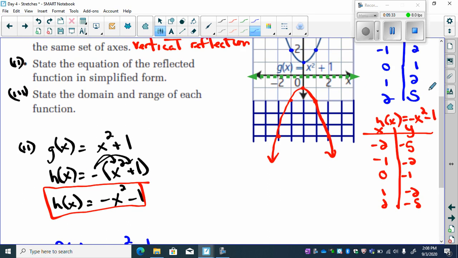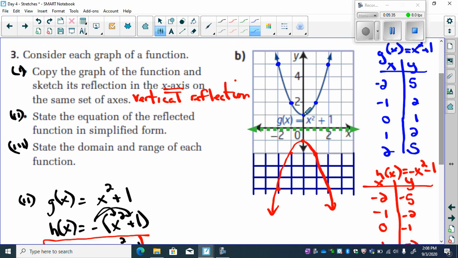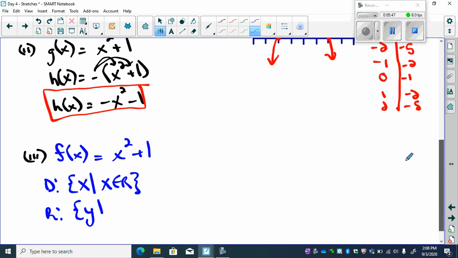What's the lowest y value on the blue curve? It's right here. The height of that is 1. So we're going to say y such that y is greater than or equal to 1, because all of the points on the blue curve are above a height of 1. And we'll say y belongs to the real numbers.